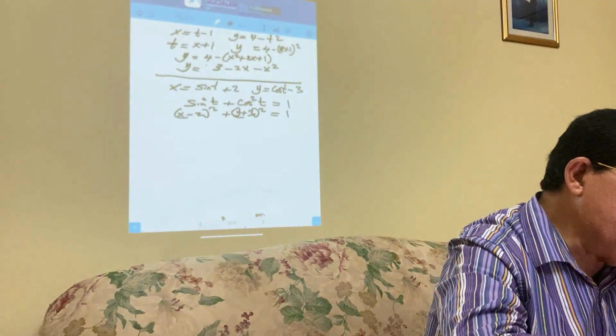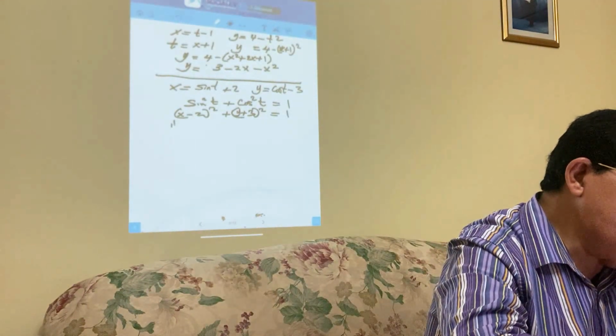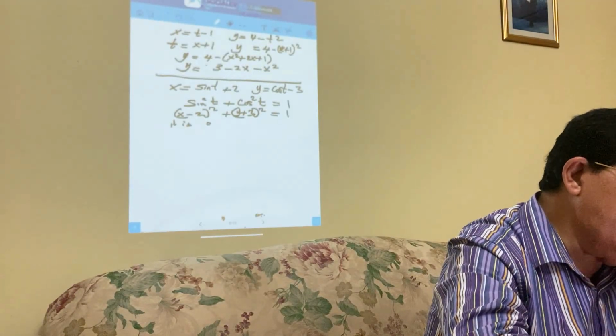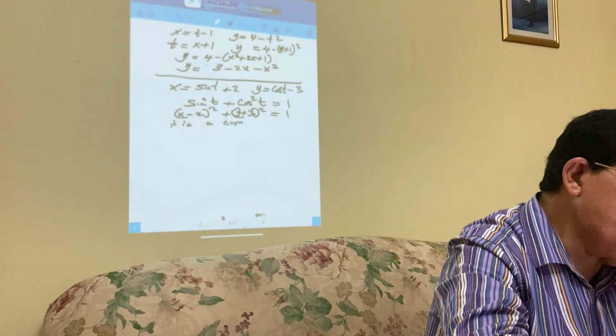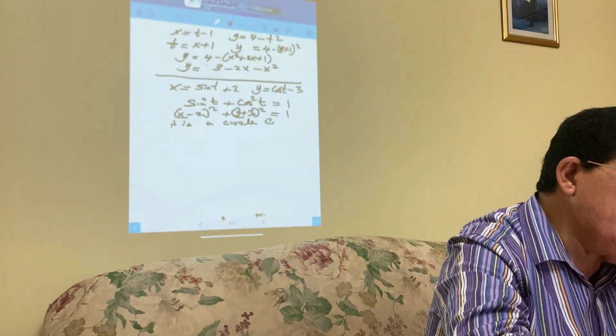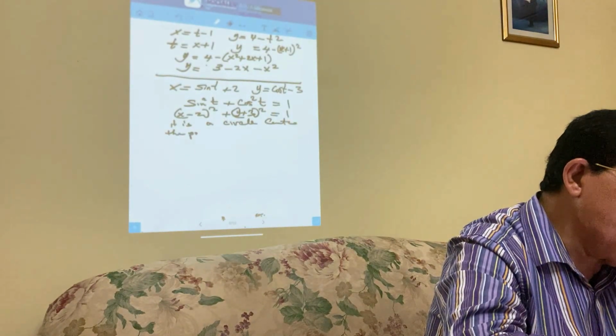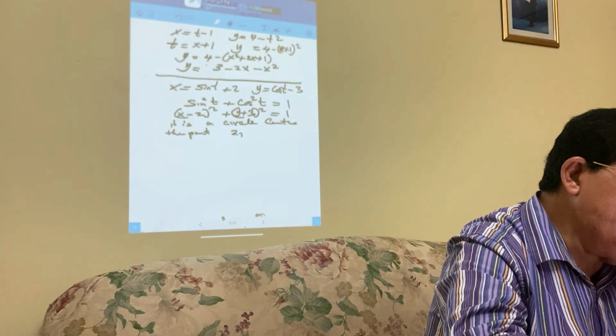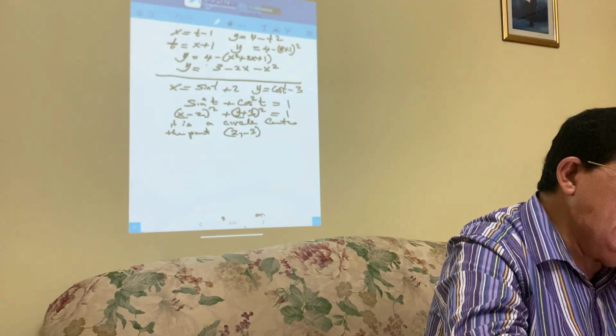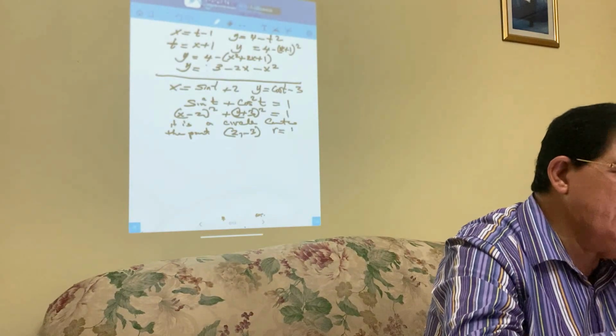What does it represent? It is a circle. Center the point (2, negative 3) and radius equal 1.